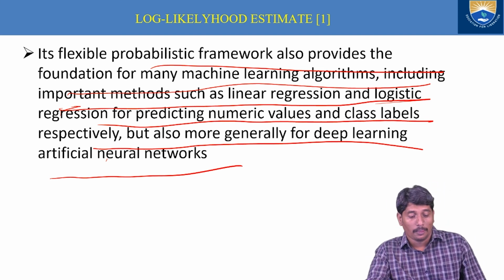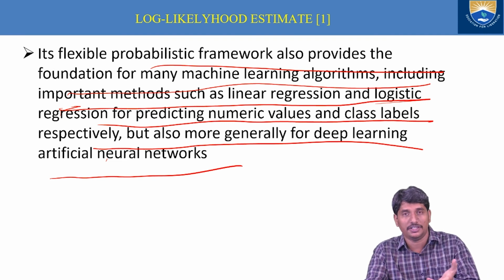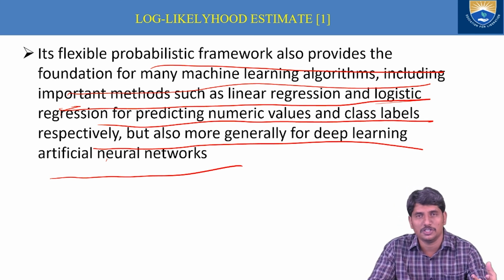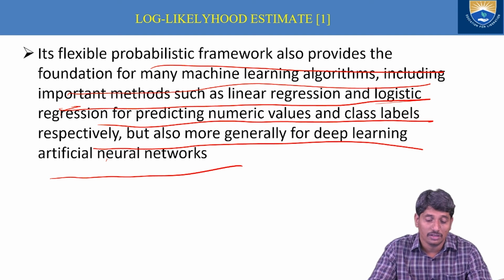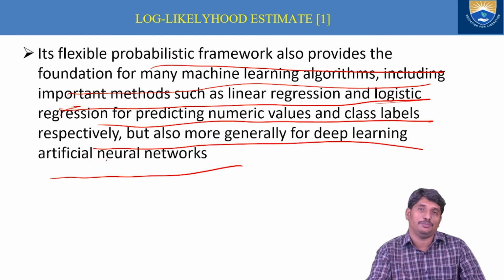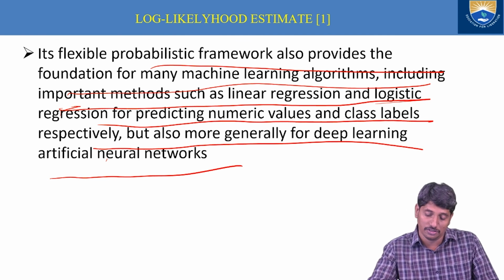That means there are several machine learning algorithms for reducing or predicting dimensions or features, like PCA, principal component analysis, QR decomposition as well. So many methods are there, but under regression methods, logistic regression methods, maximum likelihood estimation has a more important role in machine learning algorithms. Okay, that is what we are telling.